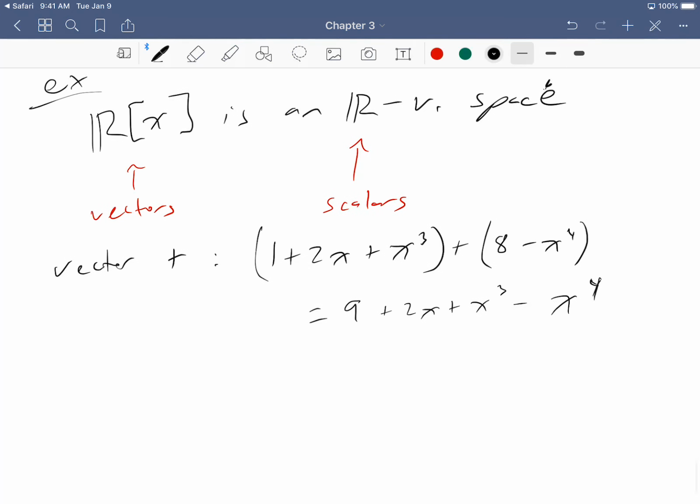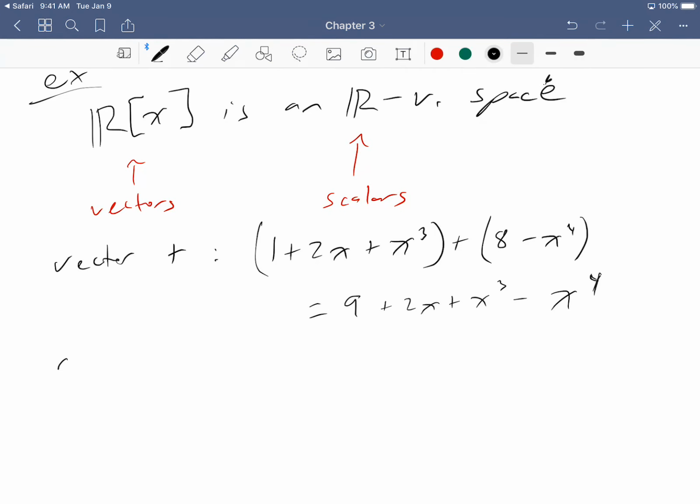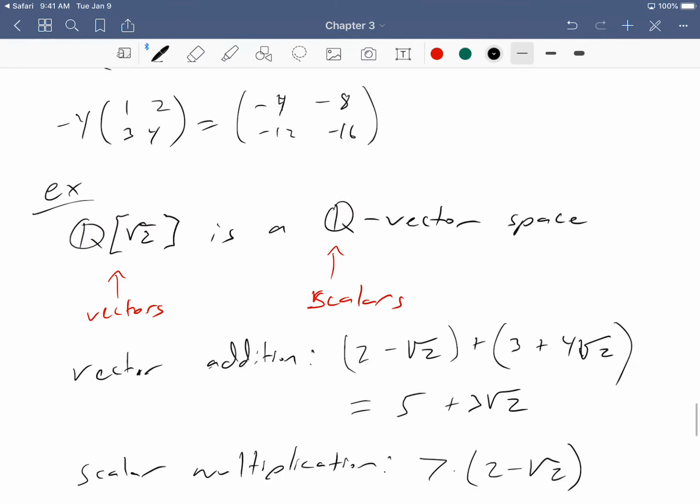And then I also have this scalar multiplication. I can take my 1 plus x cubed, or any polynomial I want, and multiply it by any real number I want. So I get 7, 14x plus 7x cubed. And this obeys all the properties of a vector space. So let's look at those properties one more time.